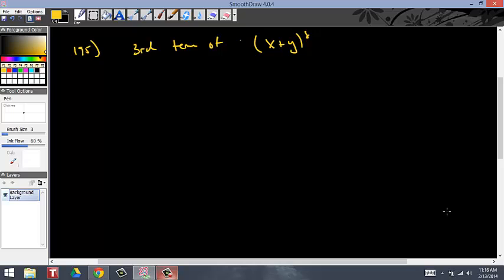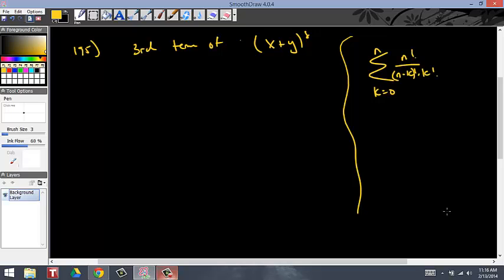What formula do we need to figure out the third term of x plus y to the 8th? Binomial expansion. So that is sigma from k equals 0 to n of n factorial over n minus k factorial, k factorial, a to the n minus k and b to the k. What is n and what is k? What's n? 8.